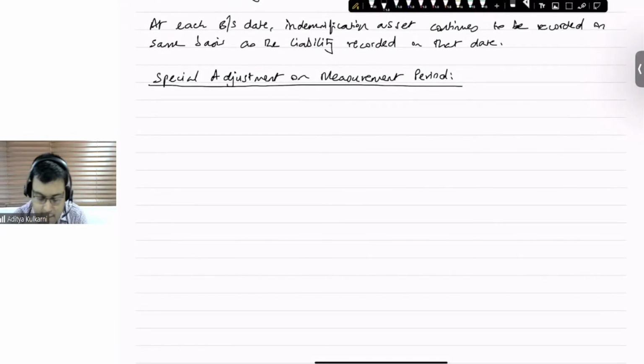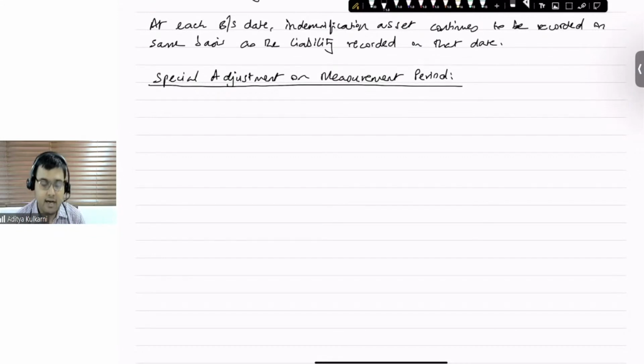Have you understood measurement period? What is measurement period? 1 year from the date of acquisition. Up to 1 year from the date of acquisition, we have the freedom to record the change in asset or liability values and take the difference to goodwill or capital reserve.